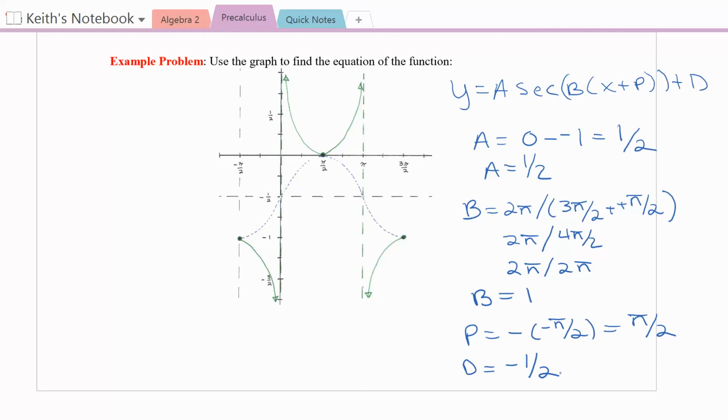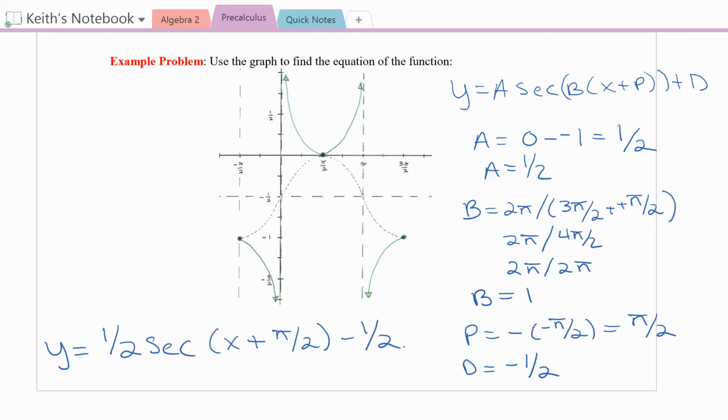So if we're looking at this, our function would be y equals 1/2 secant. There's no b term, so it's just x plus pi over 2, because that's our p, minus 1/2.